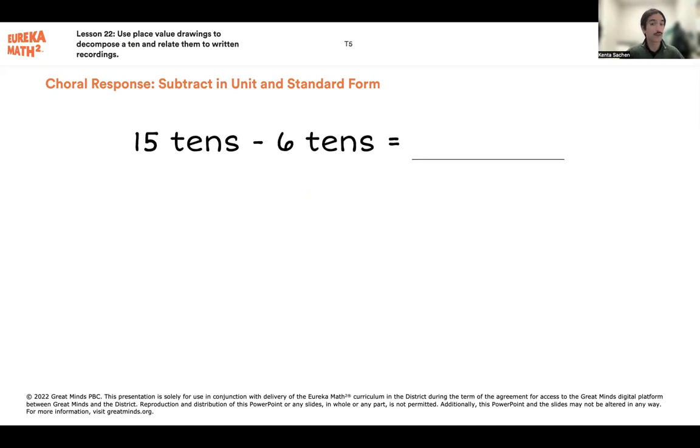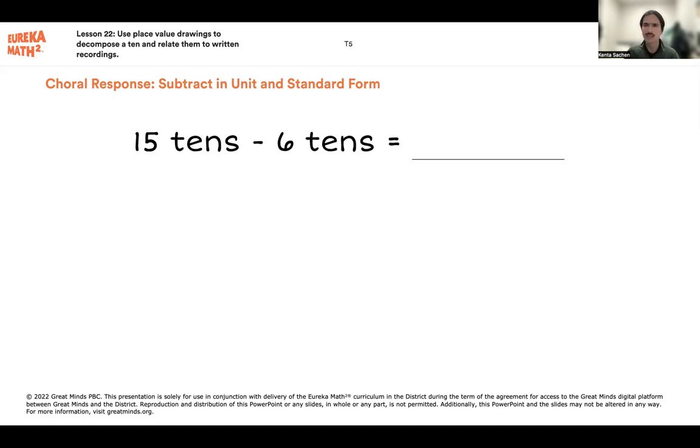Here's another one. 15 tens minus 6 tens. So we're doing 15 minus 6. This is in tens. What is it going to be? Didi, whenever you're ready. One more time, Didi. Yeah, 9 tens. 15 tens minus 6 tens is 9 tens.